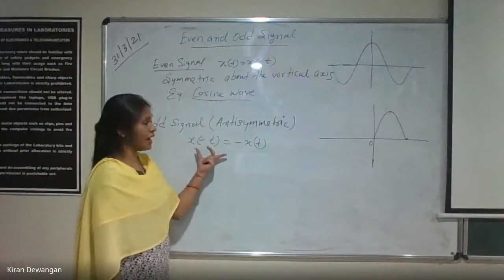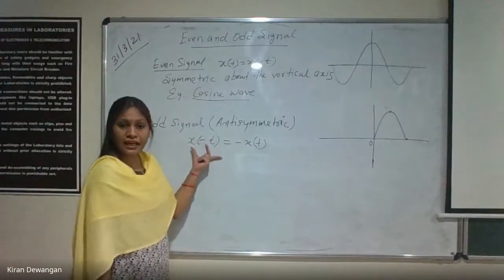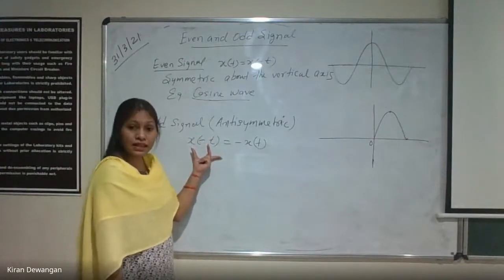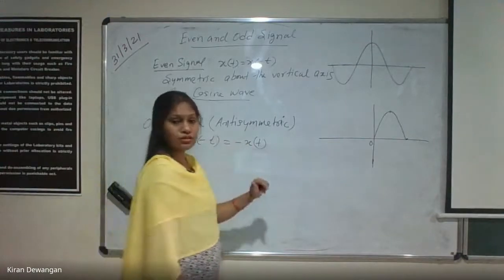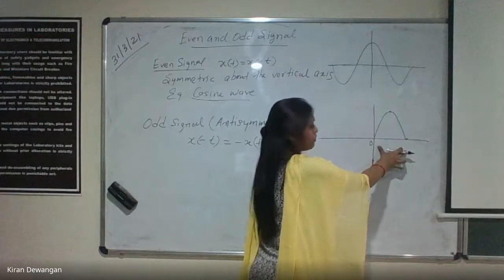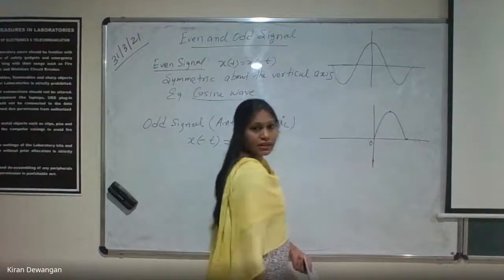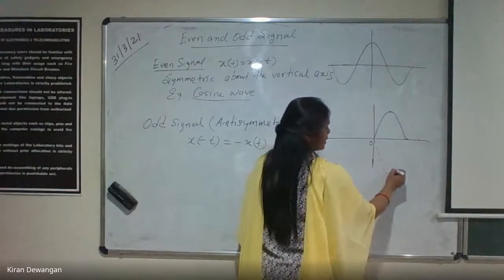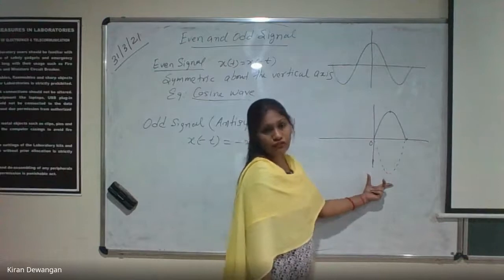If I take x of minus t, in that case it should be minus of x of t. If I had to plot minus of x of t, that is the negative of x of t, it should be in the downside. Minus of x of t will be this way, right? The curve will be this way. Clear? This is how I plot minus of x of t.